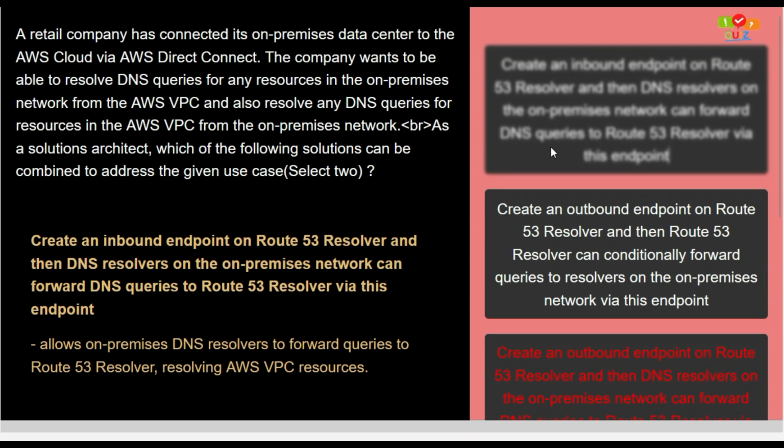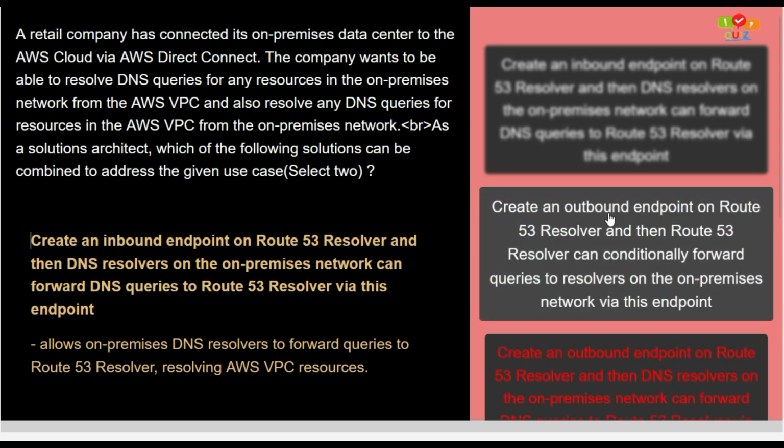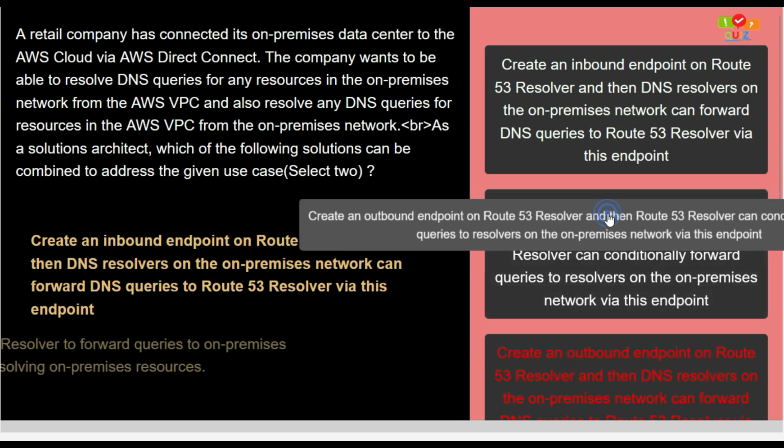Now the first option we will see, which is create an inbound endpoint on Route 53 resolver, and then DNS resolvers on the on-premises network can forward DNS queries to Route 53 resolver via this endpoint. So this allows on-premises DNS resolvers to forward queries to Route 53 resolver, resolving AWS VPC resources. So this is one correct answer.